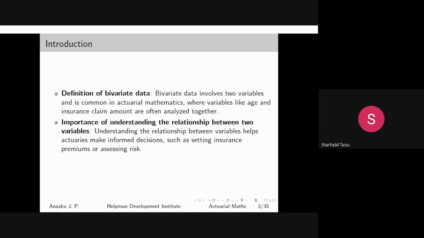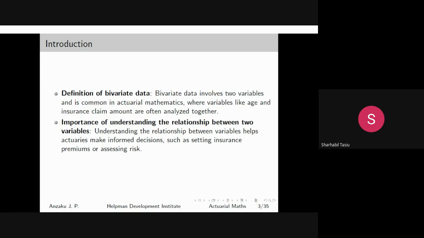So we've looked at the definition of bivariate data. We say it involves two variables, and it's common in natural science where variables like age and insurance claim amount are analyzed together. A bivariate data is two-dimensional.